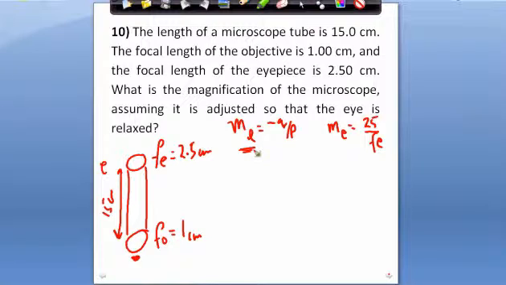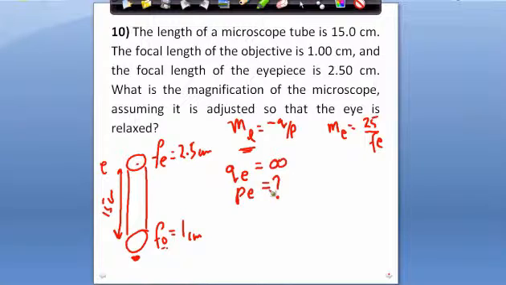Basically, whatever is the image of the objective lens is the object of the eyepiece. And whatever is the image of the eyepiece, that is what we see. Because it says that the eye is relaxed, the image of the eyepiece must be at infinity.